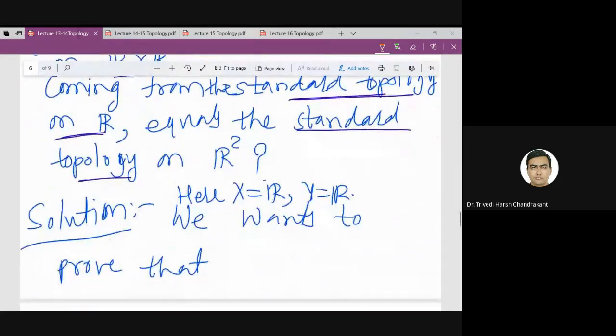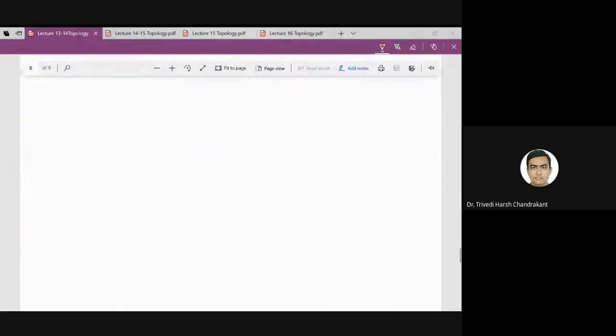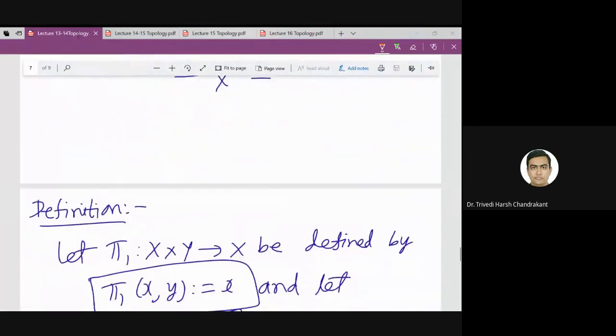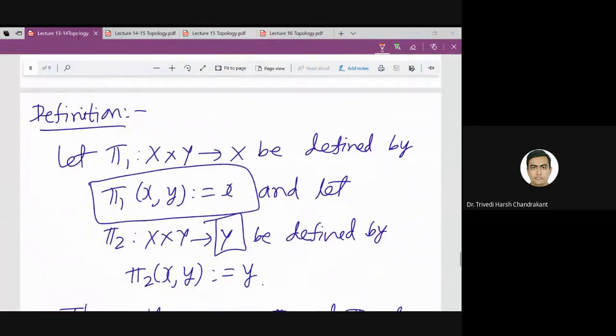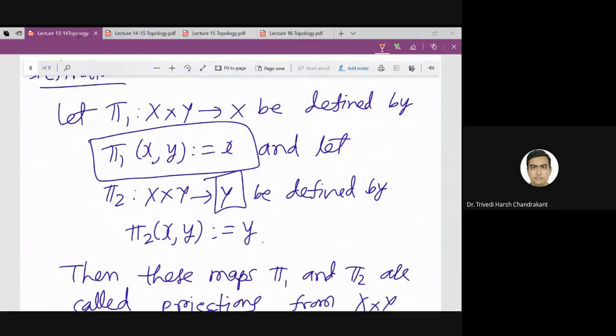And one example of this we have discussed is the two topologies on R cross R. One is generated by open disks, another is generated by rectangular regions. Then we discussed projection maps. So on X cross Y we can discuss two projections.